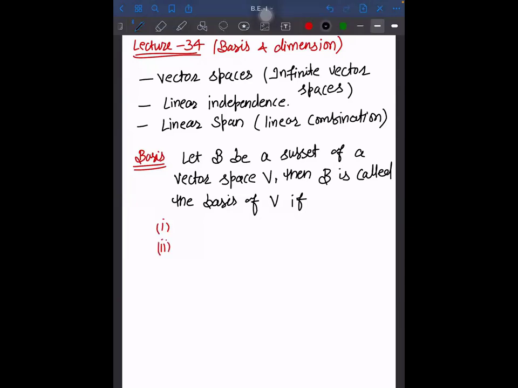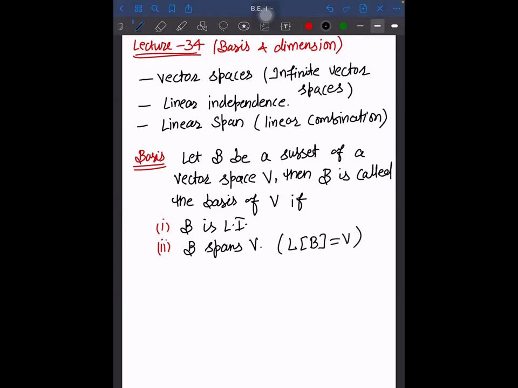And these are: B should be LI, and next, B spans V. Now, what do you mean by B spans V? That means the linear span of B should be equal to V.